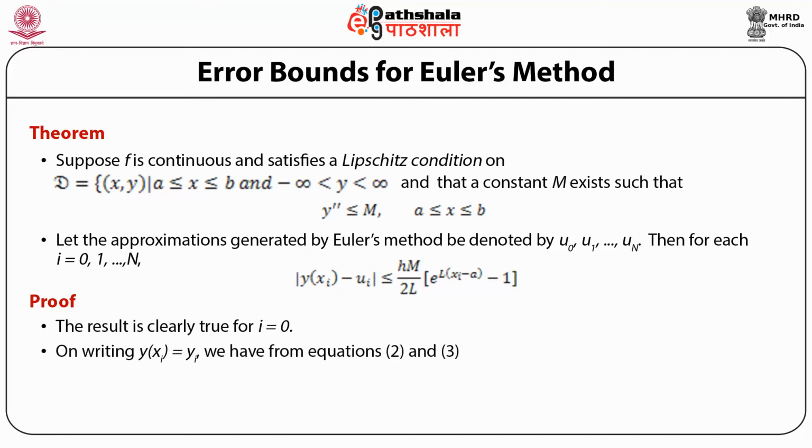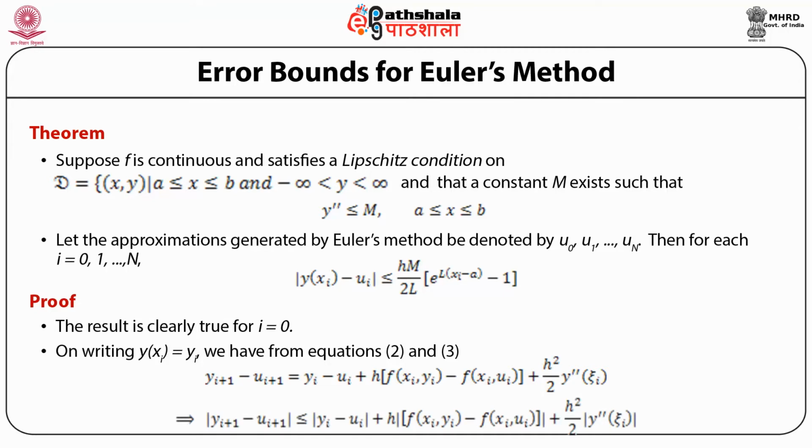On writing y at x_i equals y_i, we have from equations 2 and 3 from the previous slides y_{i+1} minus u_{i+1} equals y_i minus u_i plus h into [f(x_i, y_i) minus f(x_i, u_i)] plus h square by 2 y double prime(z_i), which gives mod of y_{i+1} minus u_{i+1} is less than or equal to mod of y_i minus u_i plus h into mod of f(x_i, y_i) minus f(x_i, u_i) plus h square by 2 into y double prime(z_i).